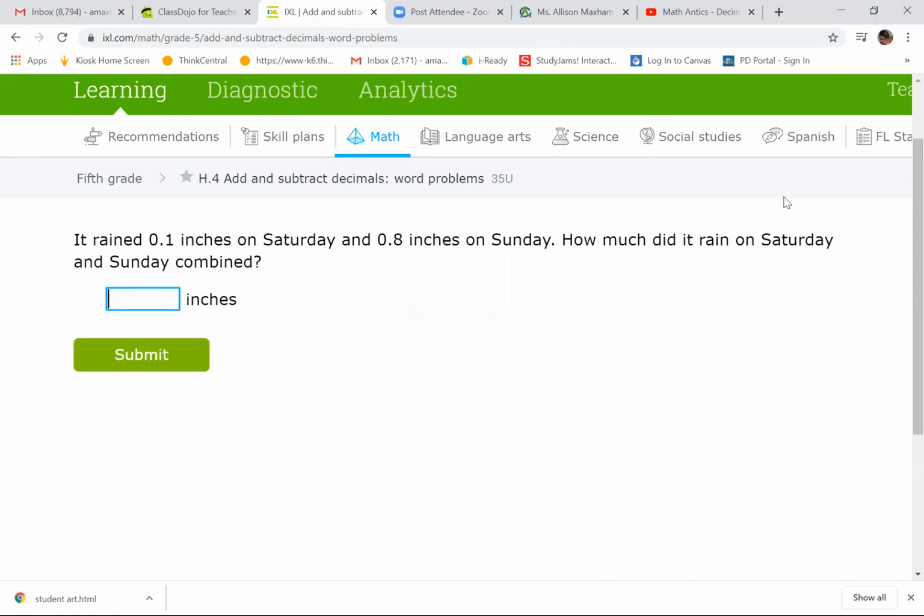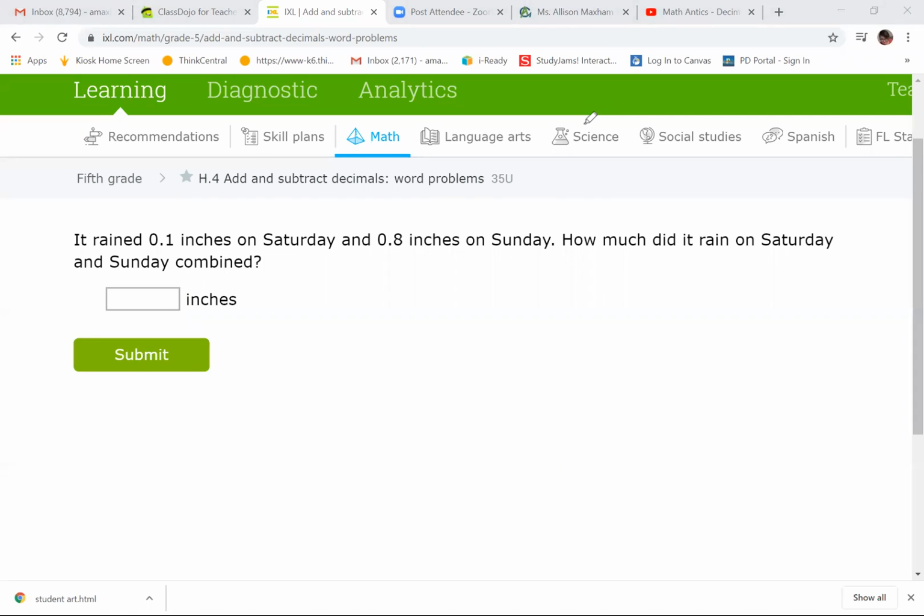Okay, oh, here's a good one. It rained 1/10 inches on Saturday and 1/8 inches on Sunday. How much did it rain on Saturday and Sunday combined? So let's start with some information.